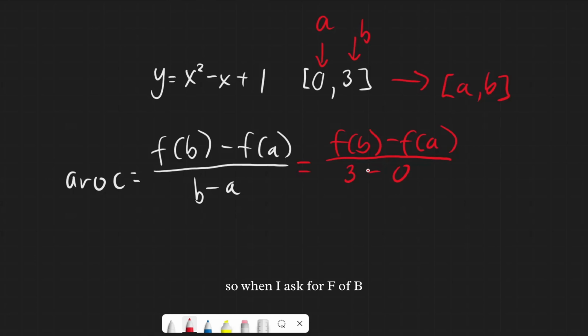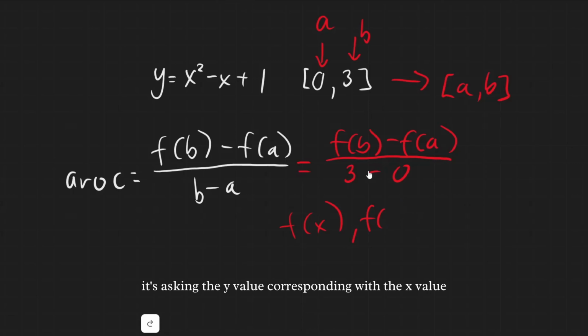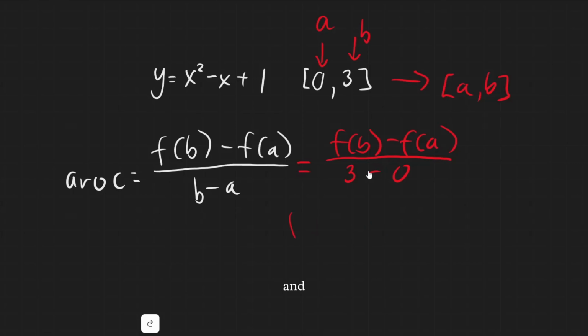So when it asks for f of b, it means what is the output value of b. So whenever you're given f of x or f of a and so forth, it's asking the y value corresponding with the x value. And the way we find this is by plugging in this x value.